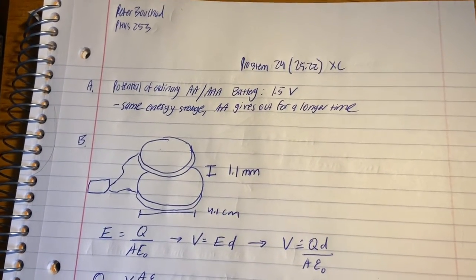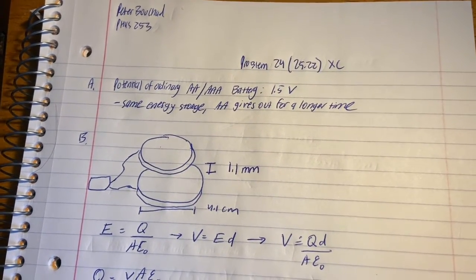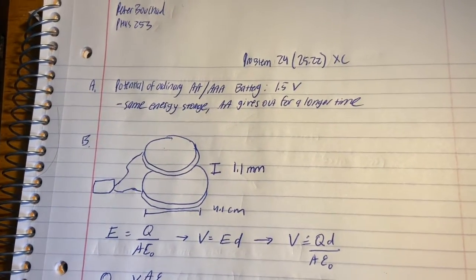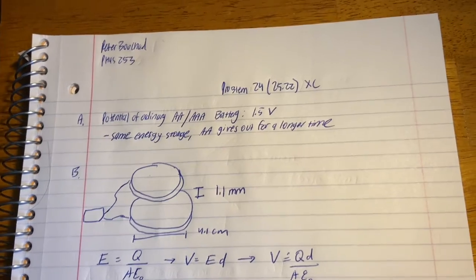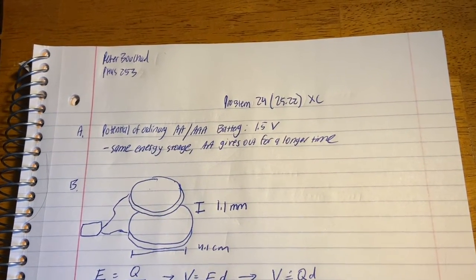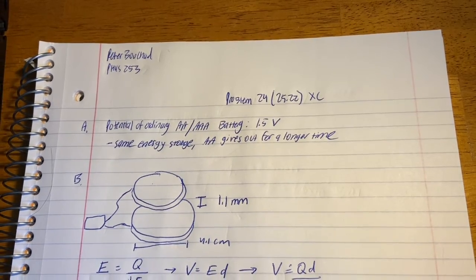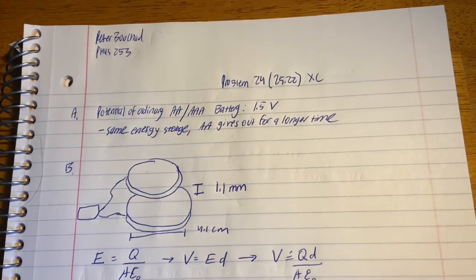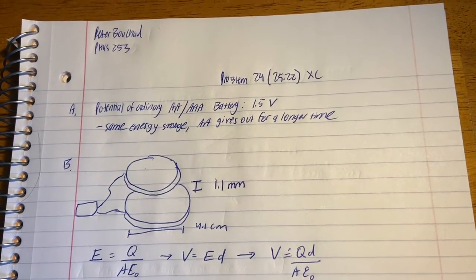In the second part of the problem, we have a parallel plate capacitor, and there is a AA battery connected to it. We are given the dimensions of the plates, and they are spaced 1.1 millimeters apart. We're going to figure out how much charge the battery supplies to each plate.